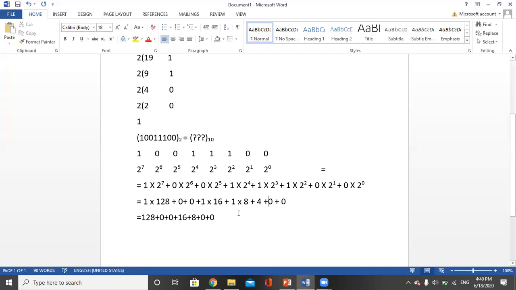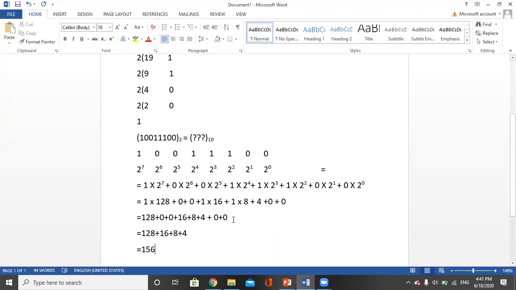If we add it all, 128 plus 16 plus 8 plus 4 is 156.